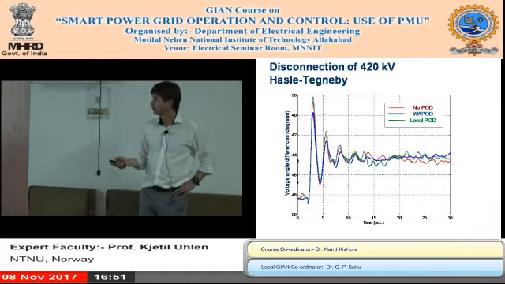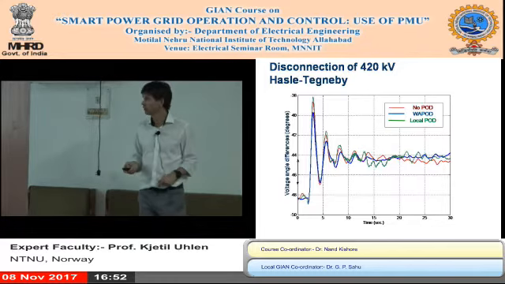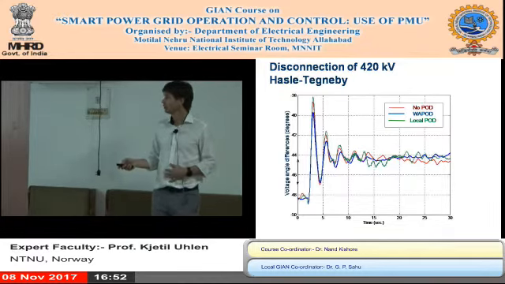Clearly the worst performance was without any POD, but it's not obvious here which was worse, the no POD case or the local POD case, when you look at the angles. But I think we were able to conclude that the wide area POD was slightly better, even though no big differences due to the good damping.